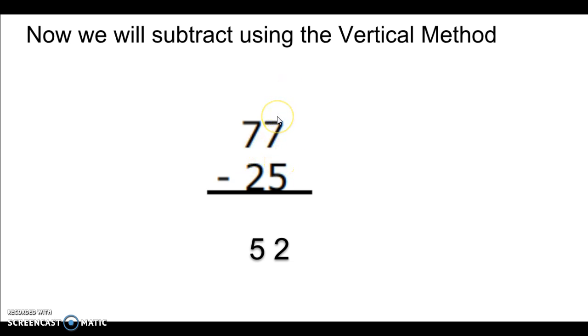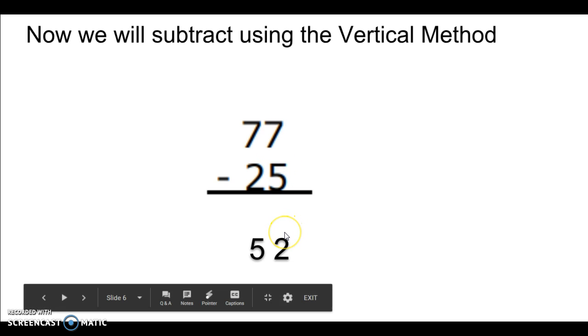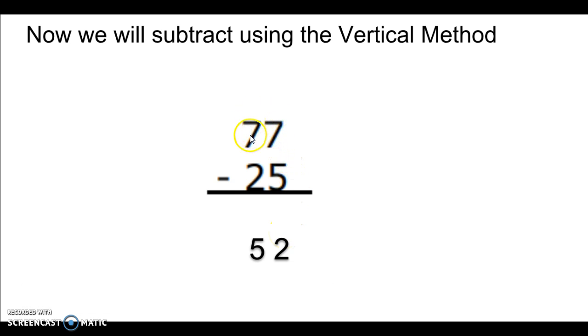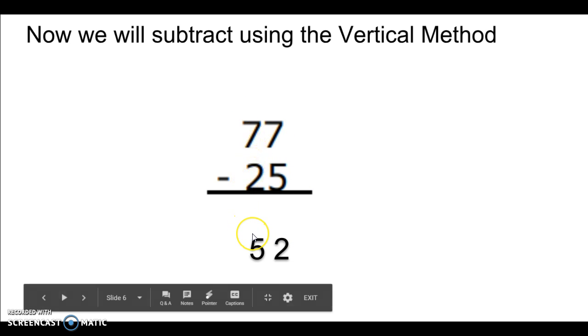The first thing I would do is subtract in my ones column. 7 minus 5 is 2. And I'd head over to my tens column. 7 minus 2 is 5. So 77 minus 25 is 52.